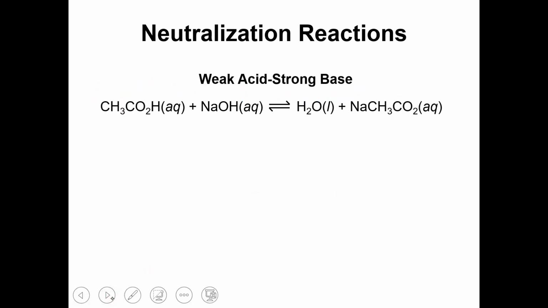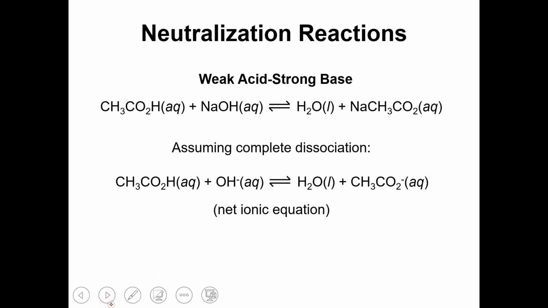If we take a weak acid and a strong base, we know that weak acids and weak bases don't dissociate completely, so we're still going to have some of the acetic acid if that's our weak acid.